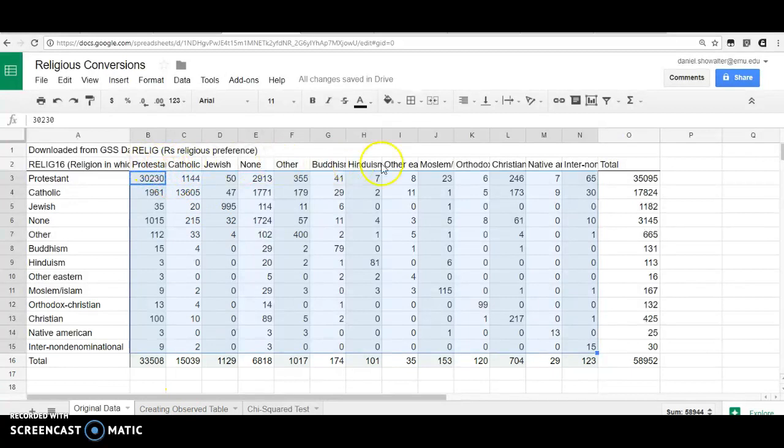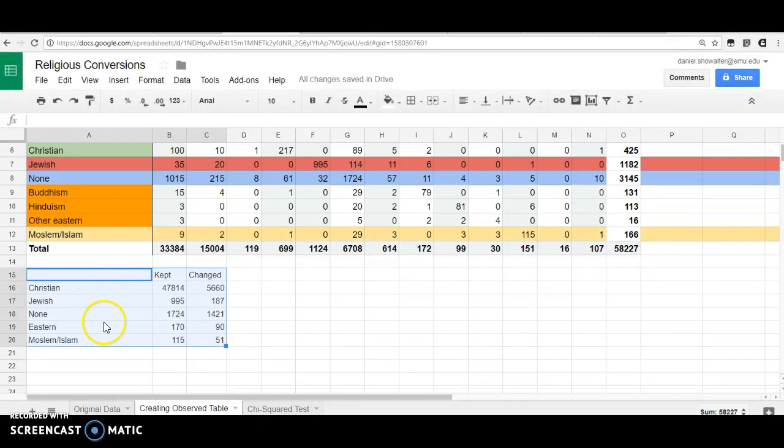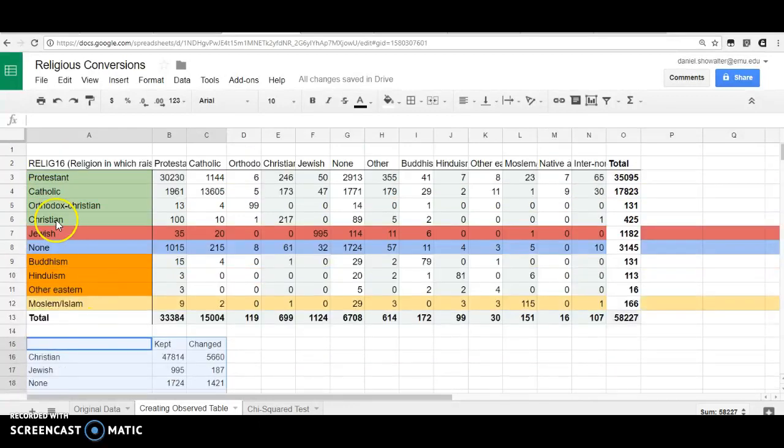Now I did leave all of those categories here because we still want to know if someone converted. So say they did grow up in the Protestant church and they converted to a Native American religion. I still want to count them in the data set because they did convert, and I'm curious of these major religions, what were the rates of conversions.